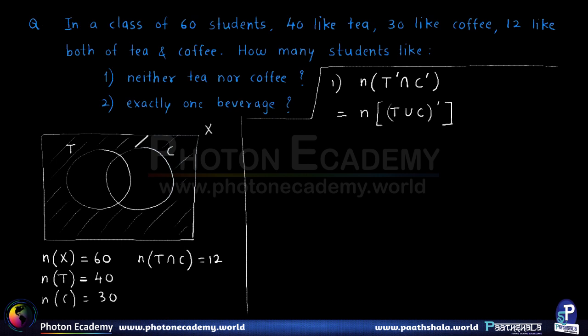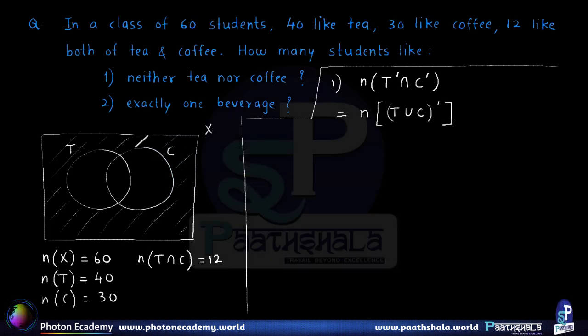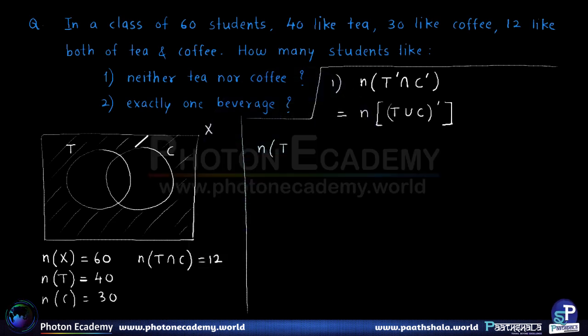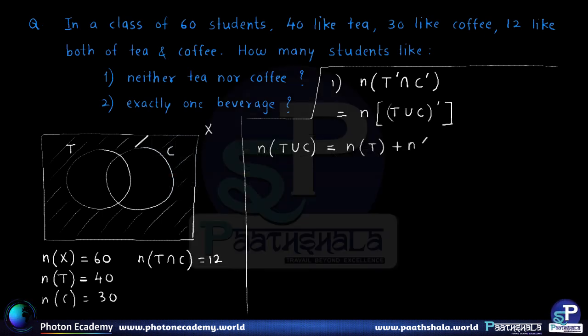So that means first we have to calculate the number of students which are inside the union region. Once we subtract that number from the total number of students, we will get the required number. So therefore let's first calculate what is n of T union C. We know that that is equal to n of T plus n of C minus n of T intersection C. Correct?